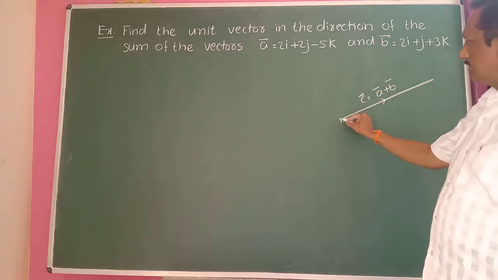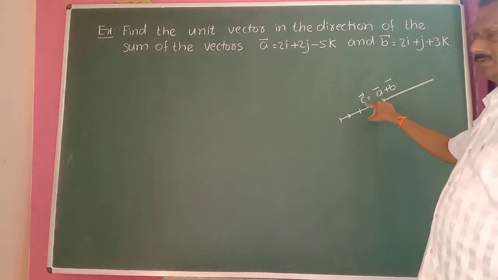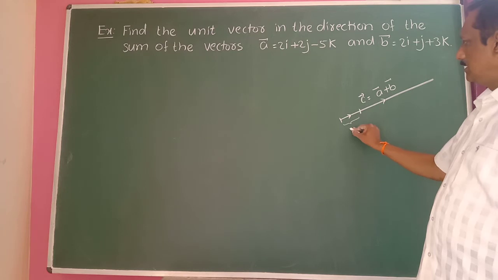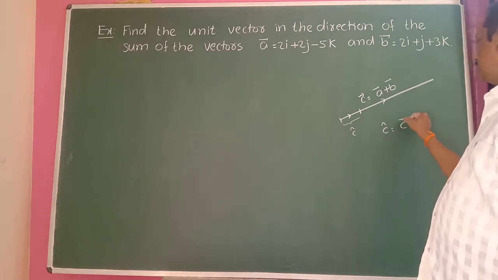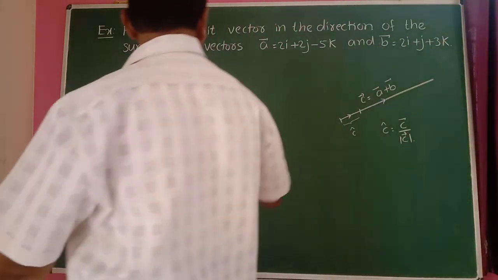Then find its unit vector in the direction of the vector A bar plus B bar, which is C bar. This is a unit vector, it gives C cap. So C cap is equal to C bar divided by modulus of C bar. Therefore, first add it.